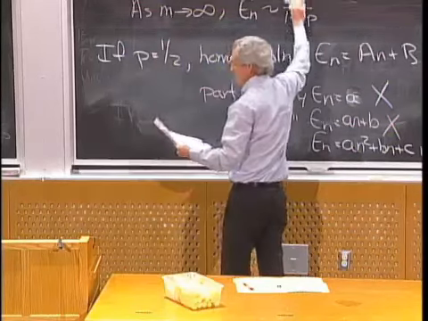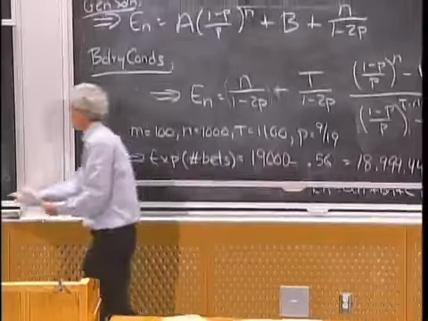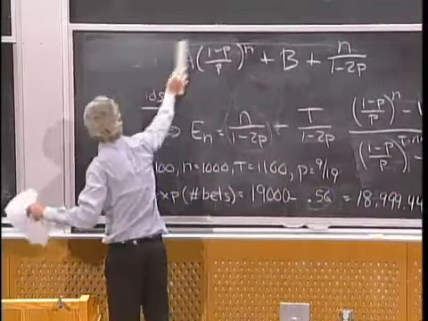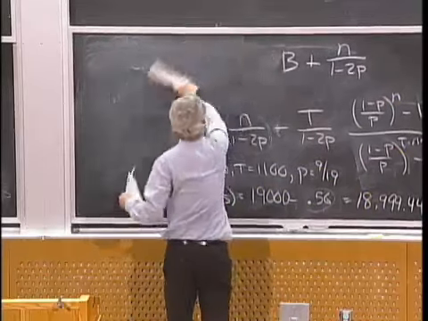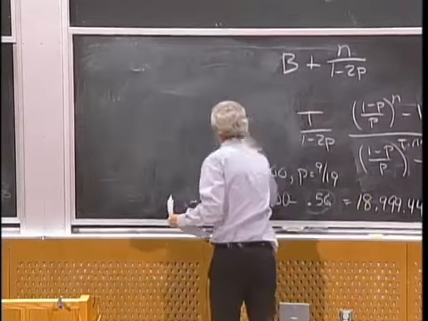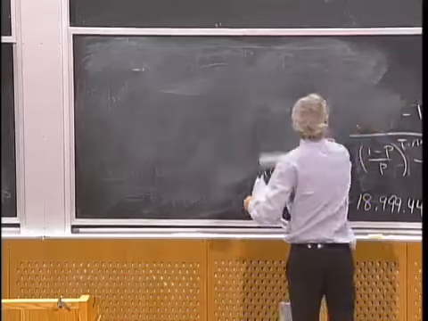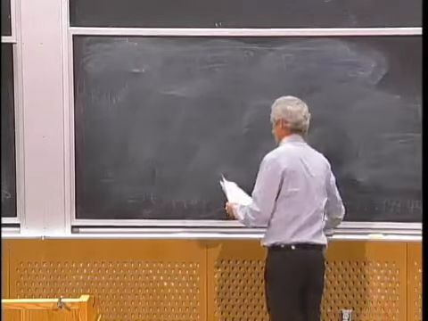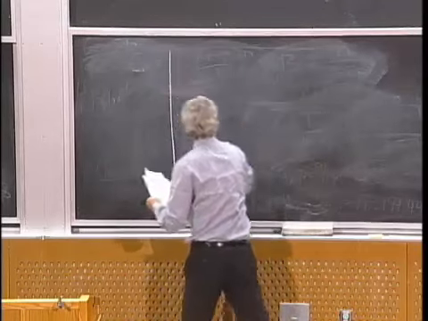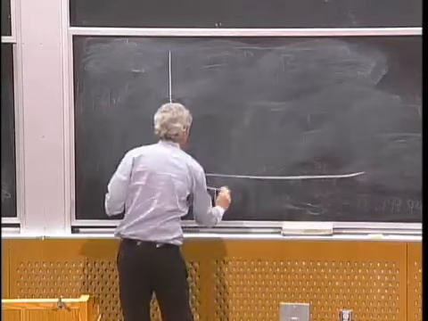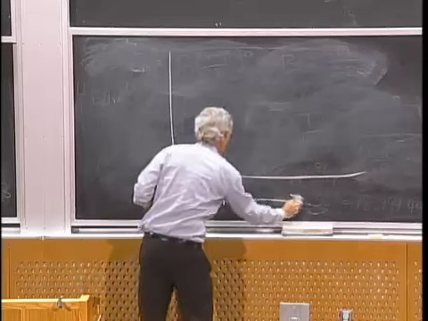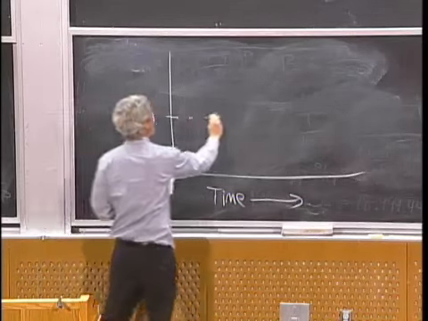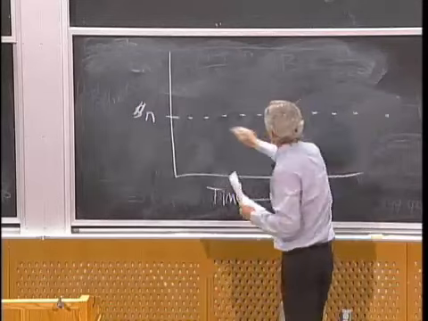So if we draw the graph here, you can see why that's true. All right, if I have time going this way, and I start with n dollars, my baseline is here.